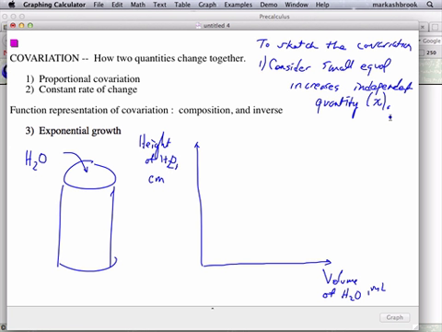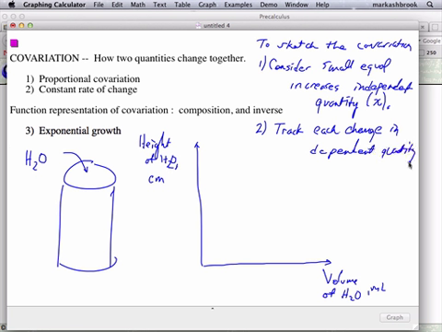So you're going to consider small equal increases in the independent quantity, and you're going to track each change in the dependent quantity for each small increase.